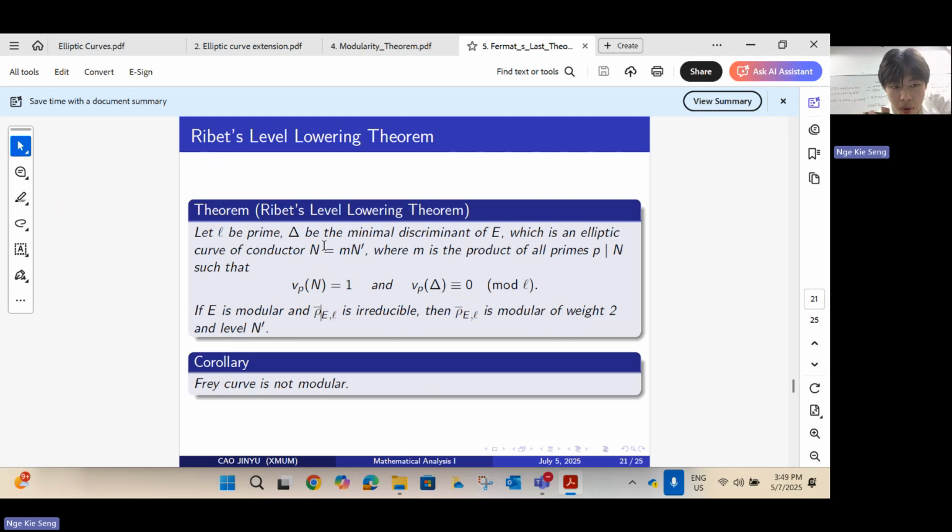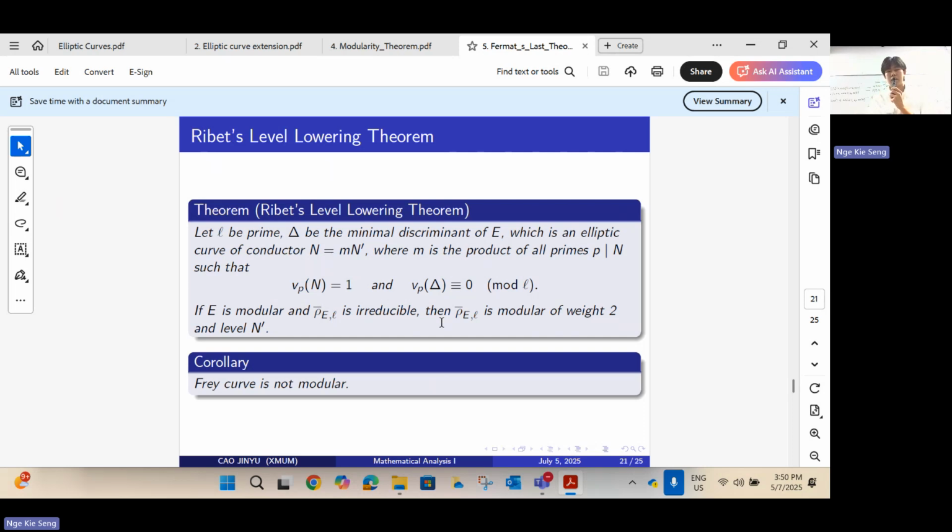It states that for a prime number l, let delta be the minimal discriminant of E, which is an elliptic curve of conductor N equal to Mn', where M is the product of all primes p dividing N such that the valuation of N at p is 1 and the valuation of delta at p is divisible by l. If E is modular and the residual l-adic Galois representation is irreducible, then the l-adic Galois representation of E is modular of weight 2 and level N'.